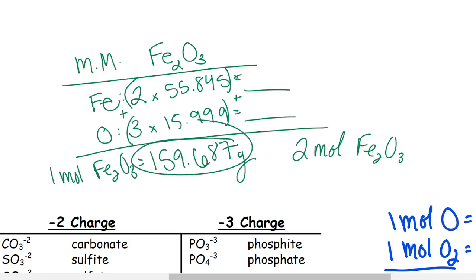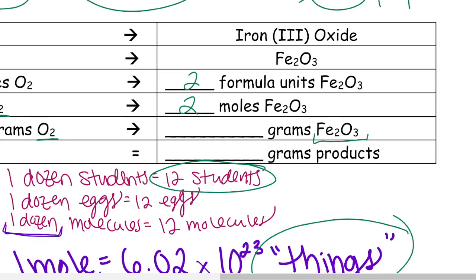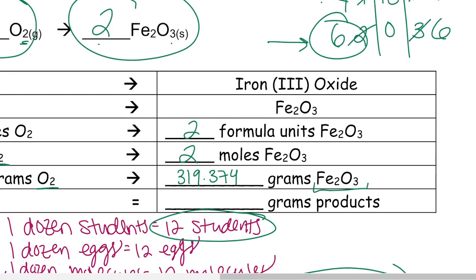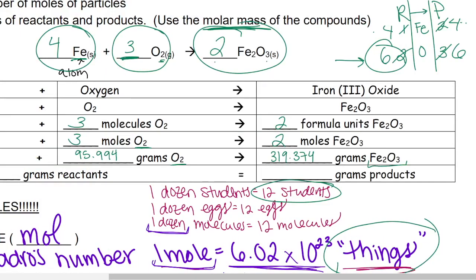So 159.687 times 2 equals 319.374. Since that Fe2O3 is the only product in this equation, that means that this mass of that product is the total mass of all of the products on that side.